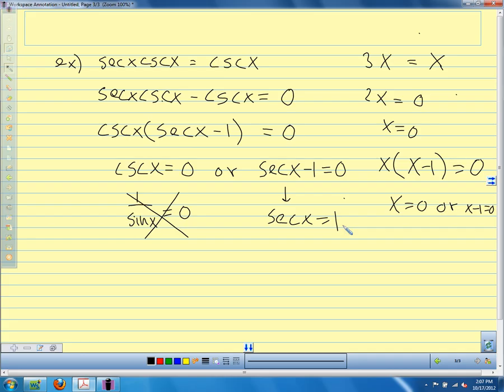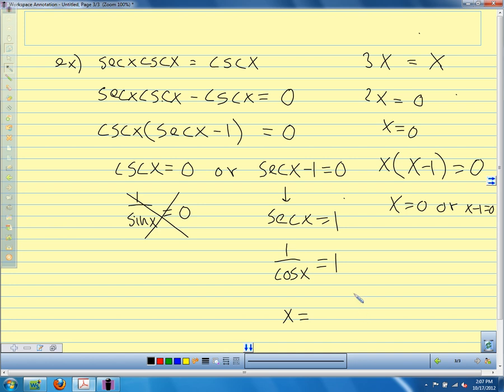So the secant of x has to equal 1, and the secant is 1 over cosine x, that equals 1. When is 1 over cosine x going to equal 1 on our unit circle? Cosine is 1.